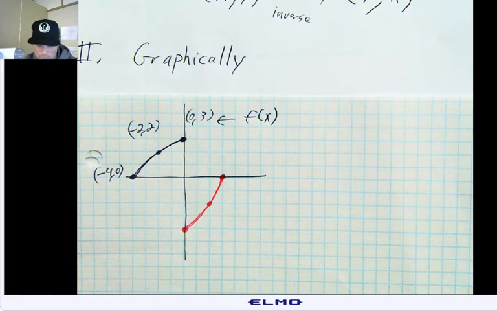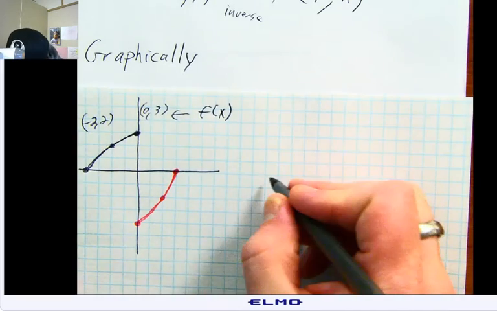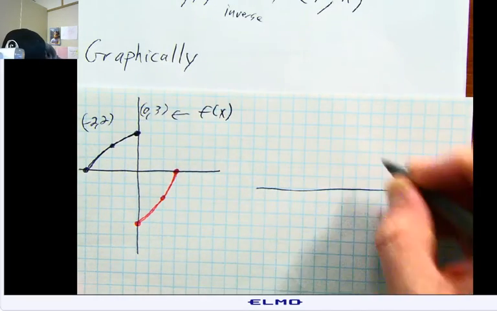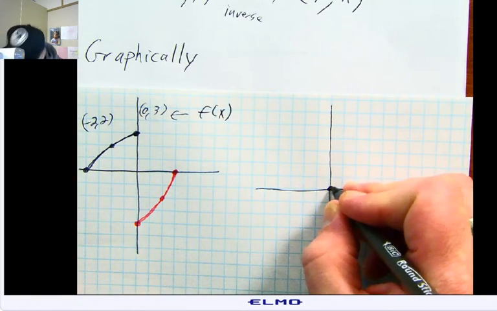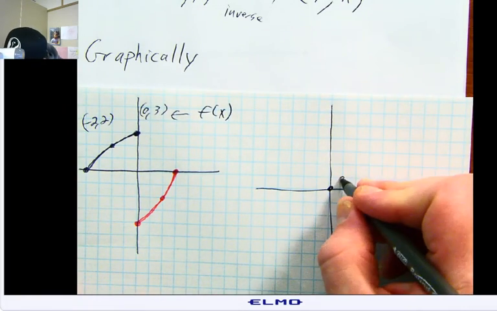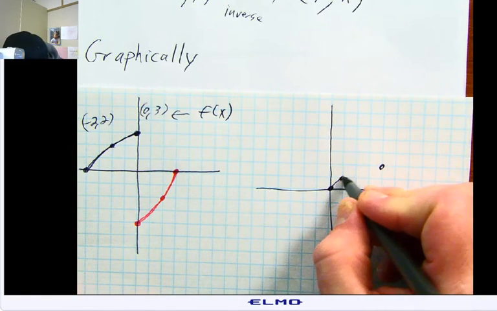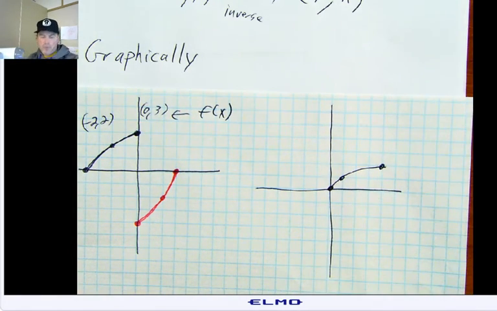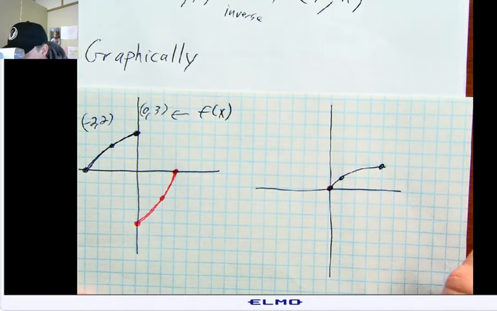Let's try another one. Let's do something like square root of x. If I think about the key points of square root of x, I have a point at (0, 0), a key point at (1, 1), and a key point at (4, 2). So it would look something like that. Well, the inverse of (0, 0) would still be (0, 0).